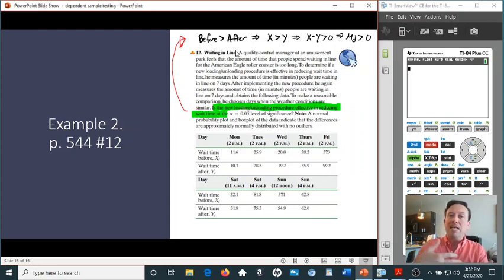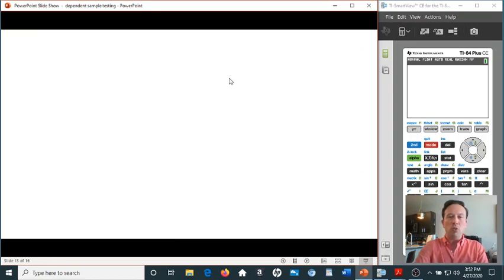That's what it means that these times will reduce, right? That they were higher before and less after. So before would have to be greater than after. So that means your x would have to be more than y, or if you bring the y over to the other side by subtracting it, you get x minus y is greater than 0, which gives us our alternative hypothesis that mu d is greater than 0. Okay?